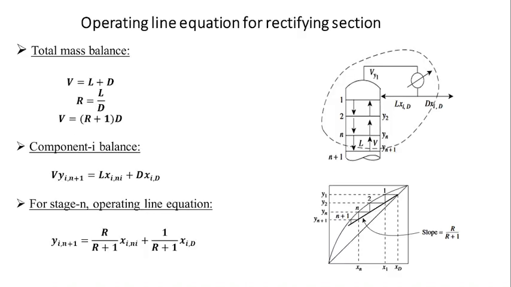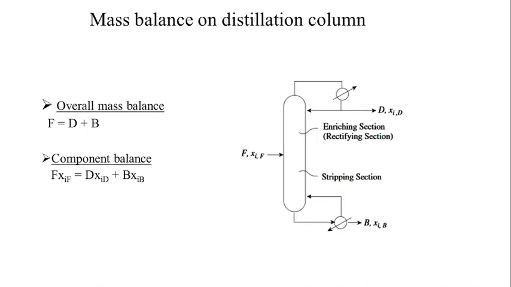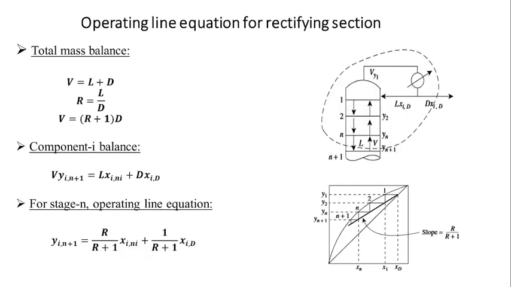So let's see the operating line equation for the rectifying section. We have previously told there are two sections in a distillation column. The top section above the feed plate is known as the rectifying or enriching section, and the bottom section below the feed point is known as the stripping section. The operating line equation for the rectifying section: first we need to do the component and total balance for the rectifying section.